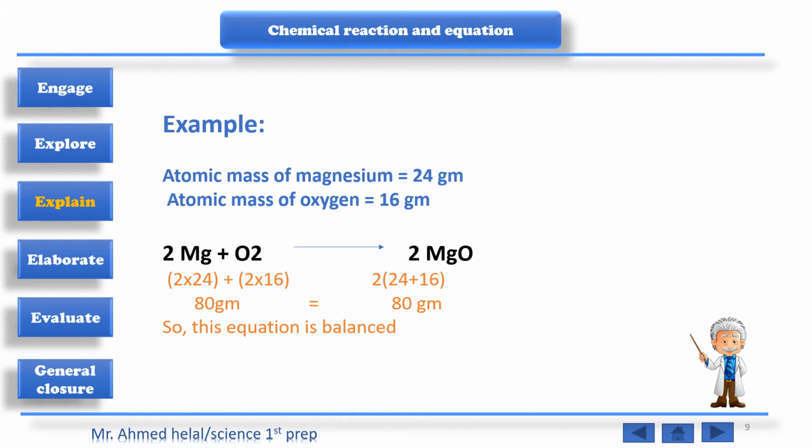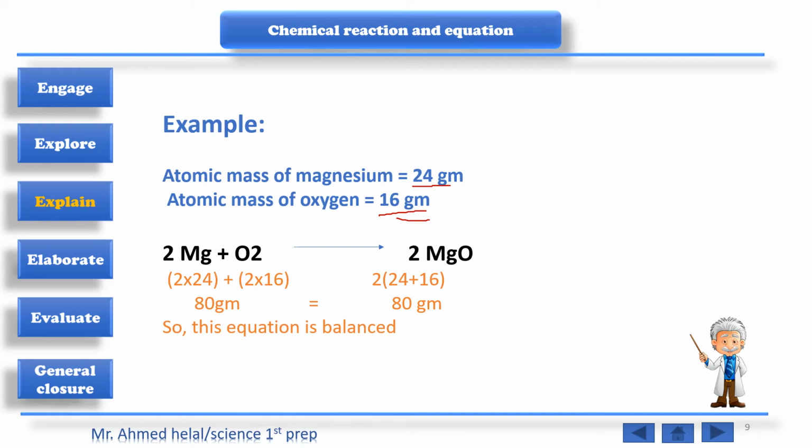For example, this is an example for the law of mass conservation. If I tell you that the atomic mass of magnesium is 24 and the atomic mass of oxygen is 16 grams. Here we have 2 magnesium atoms, so 2 by 24, plus 2 oxygen atoms, so 2 by 16.